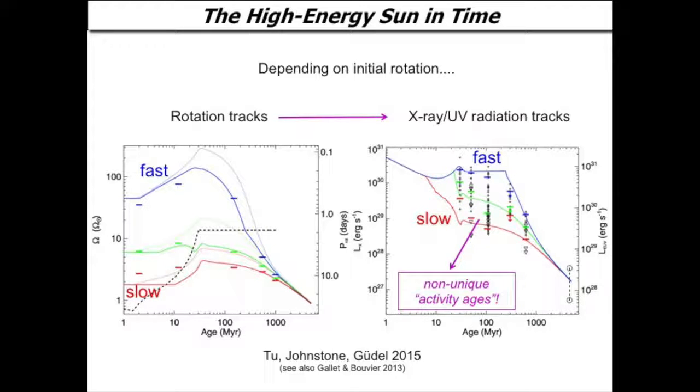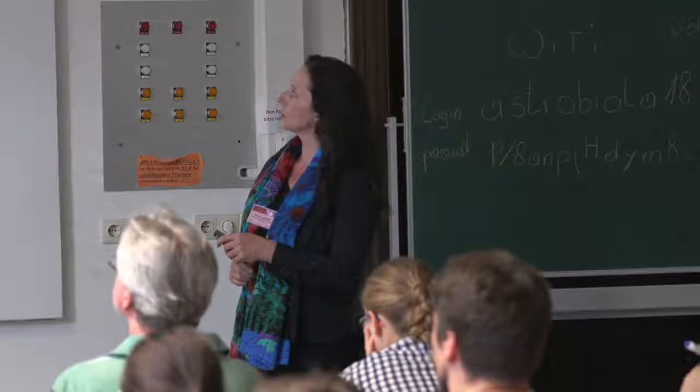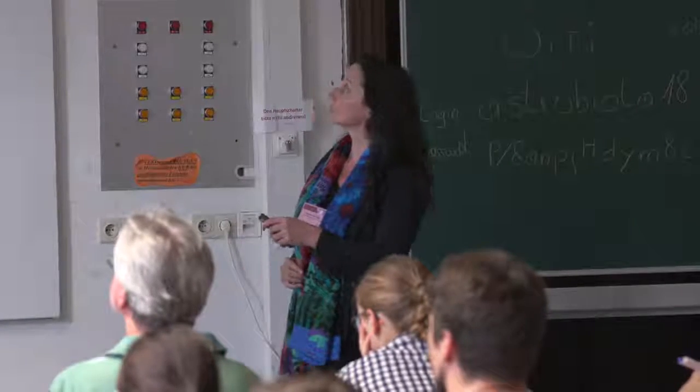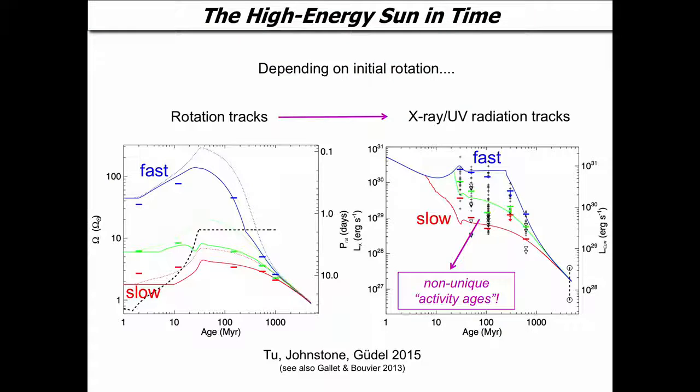And if we plot the rotational evolution track against the X-ray evolution of a star, we see something I already mentioned: for the slow rotators, so the ones that started out with a very slow rotational period, the X-ray evolution is taking a very different path than the one for the fast rotators. So there's a big difference in activity output, in X-rays and likely also CMEs and flares, around the fast rotators than around the slow ones. And the intermediate rotators here in green are somewhere in between.